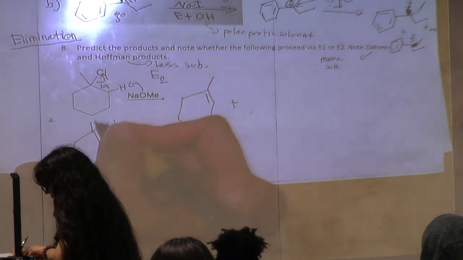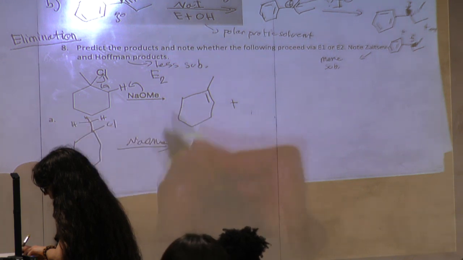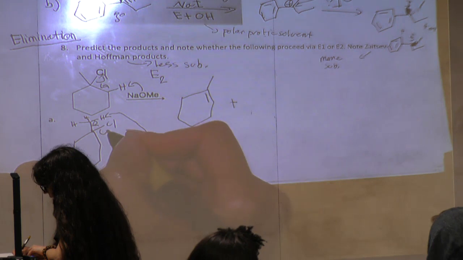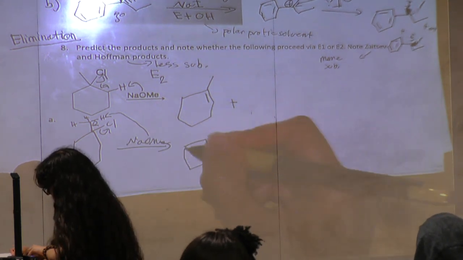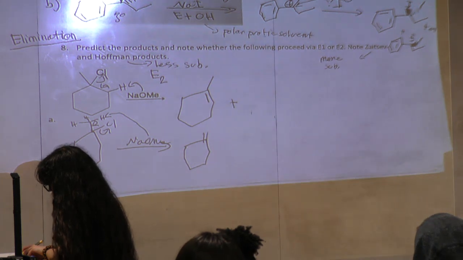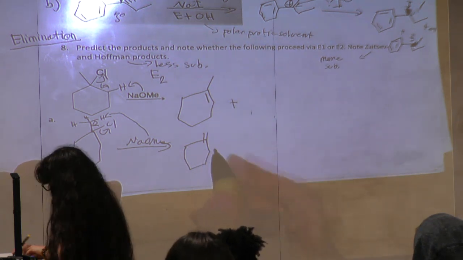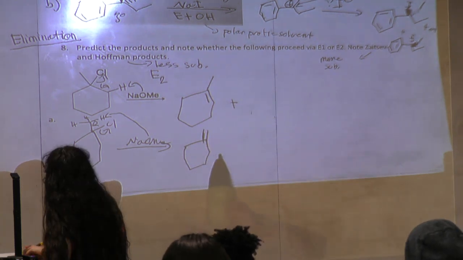So I'll just draw hydrogen, hydrogen, hydrogen. This O could have picked off a hydrogen, and a double bond could have formed right there, and the chlorine pops off. We would have gotten something like that, a double bond right there. So these are our 2 products.